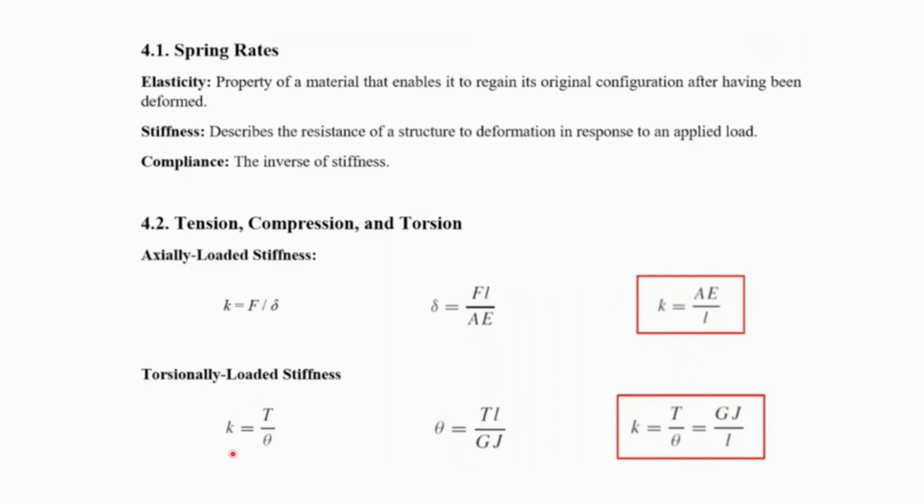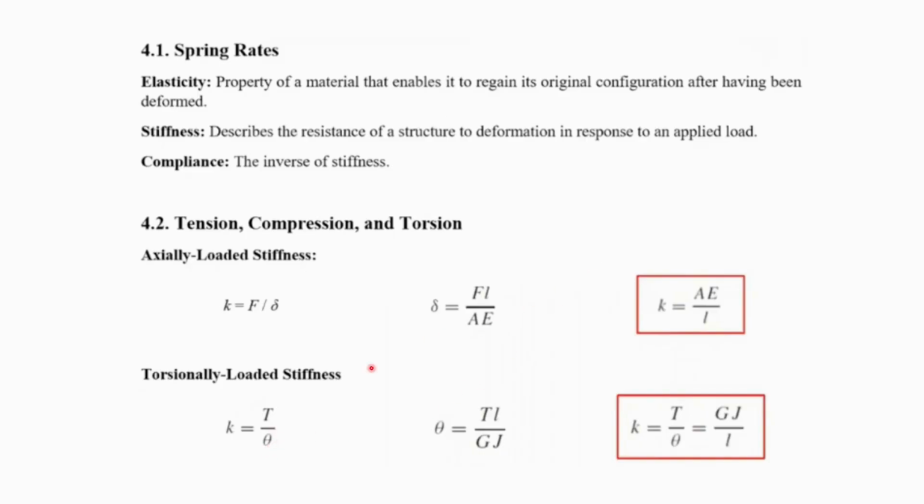However, if we have a torsionally loaded structure, we can measure its stiffness or calculate its stiffness as a ratio of applied torque to the angular displacement. K here, in the second equation, represents the torsional stiffness of a structure, and here T is the torque, theta represents the angular displacement.